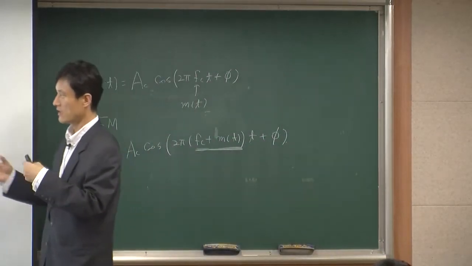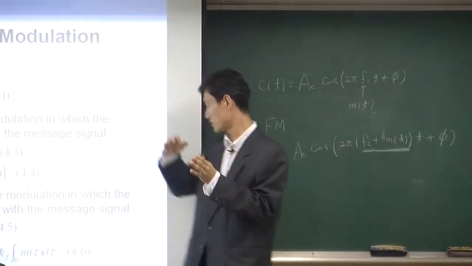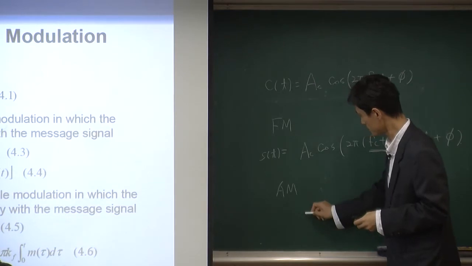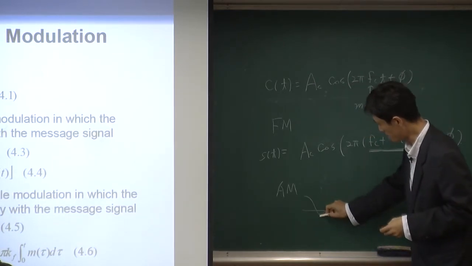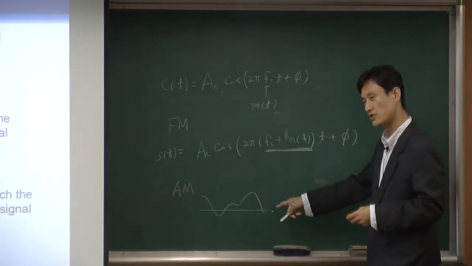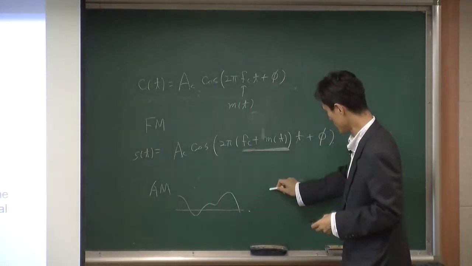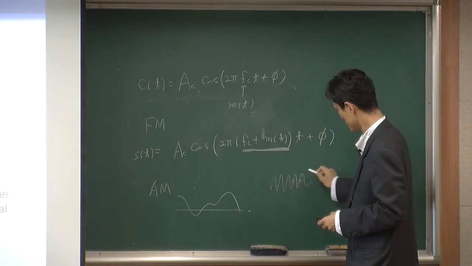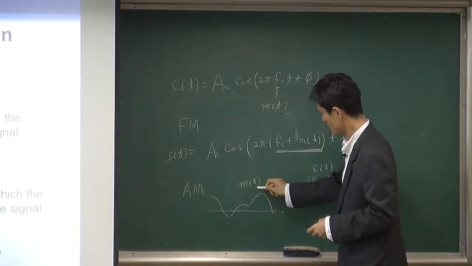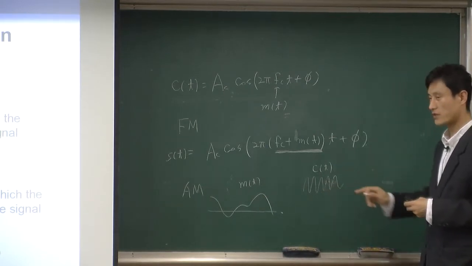So here's the idea. Let's say you have amplitude modulation. In the amplitude modulation, let's say you have a message. This is your message, m(t), your original message. This is your carrier, c(t).